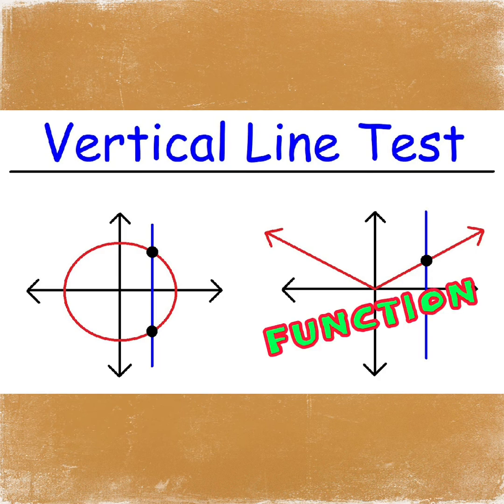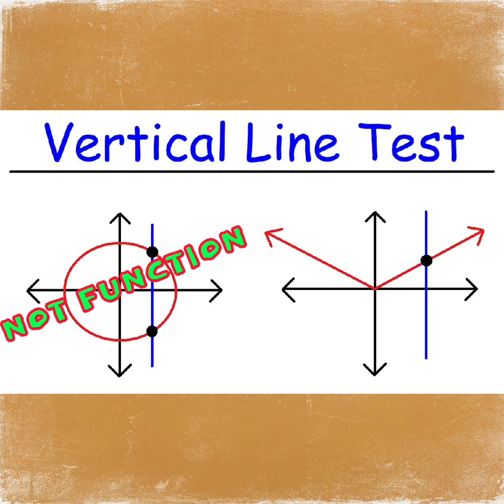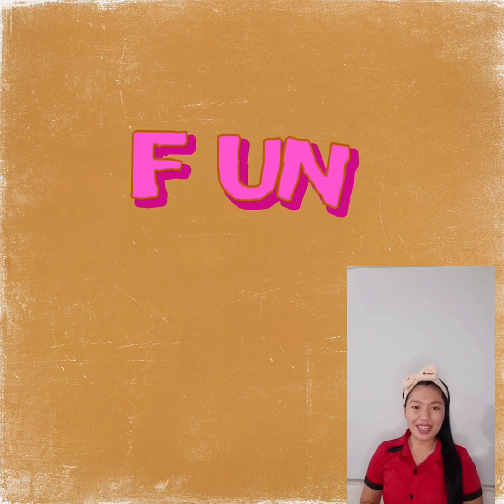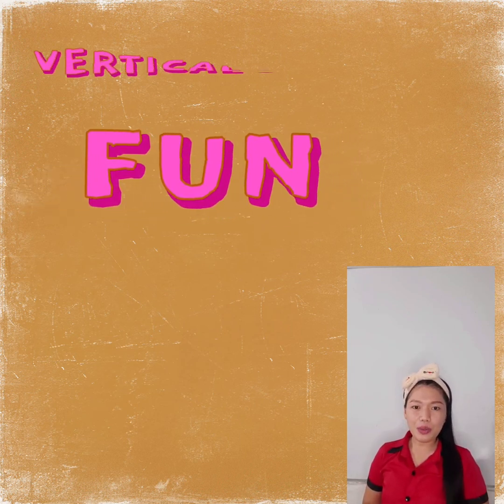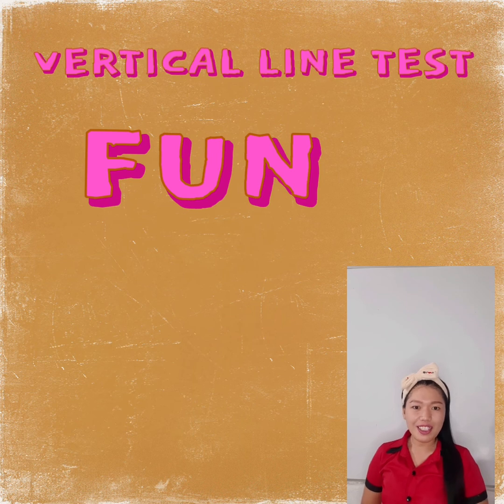If the line touches 2 points in the graph, that is not a function. See, it's very easy. To identify if the relation is a function or not, just use the word FUN, first is unique. And to identify if the graph is a function or not, use the vertical line test.